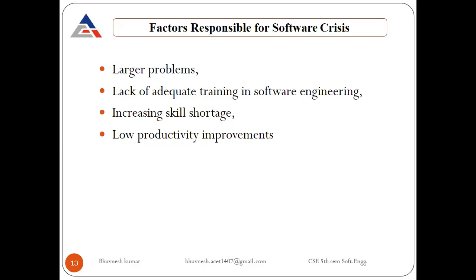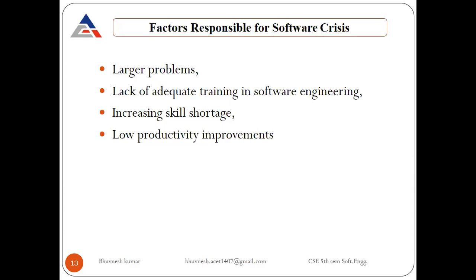Then it is also a crisis. At some point, I will make some mistake. That is lack of adequate training or knowledge of software engineering, or increasing skill shortage. If I have no knowledge of programming language or software engineering, then there is a software crisis.